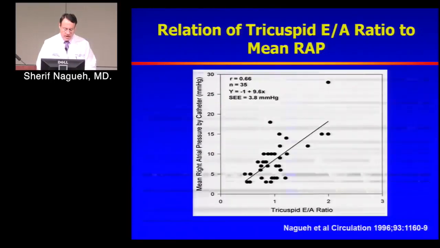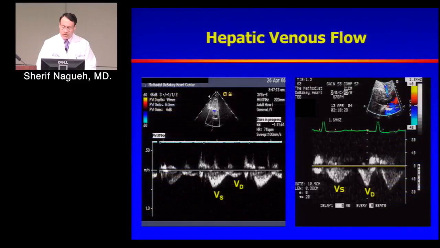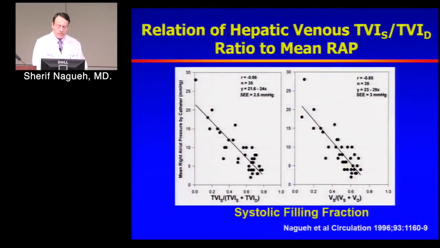You can look at hepatic venous flow similar to pulmonary venous flow. Forward flow in systole predominates in normal RAP. When they are equal, somewhere between 5 and 10, it could be normal, could be slightly elevated. Predominant diastolic flow or only forward diastolic flow signify an elevated RAP, and there is an inverse relation.